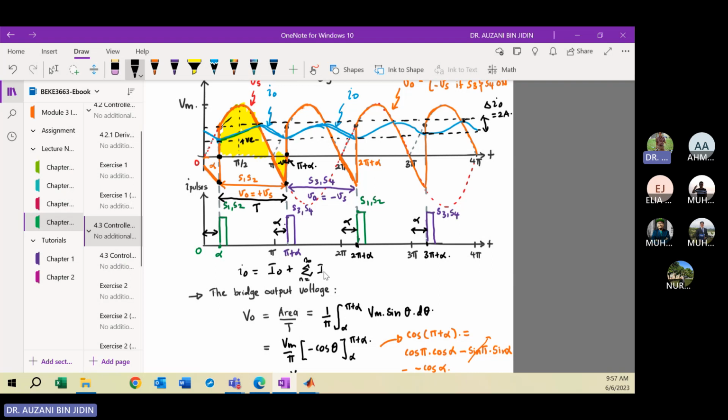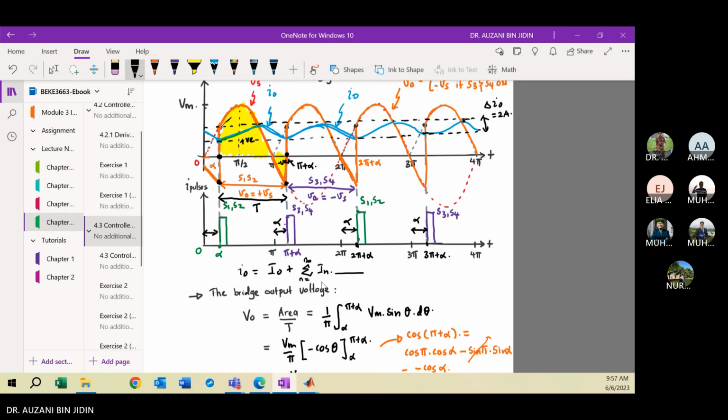So maybe here will be IN. I don't know the function, maybe cos or sine here. To get the blue color waveform IO, you can express the output current in Fourier series, which is the summation of the DC component IO and the total of harmonic components.